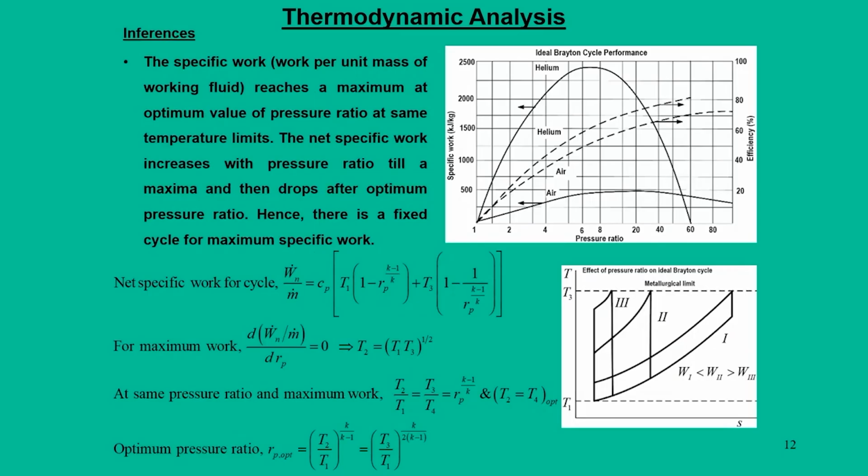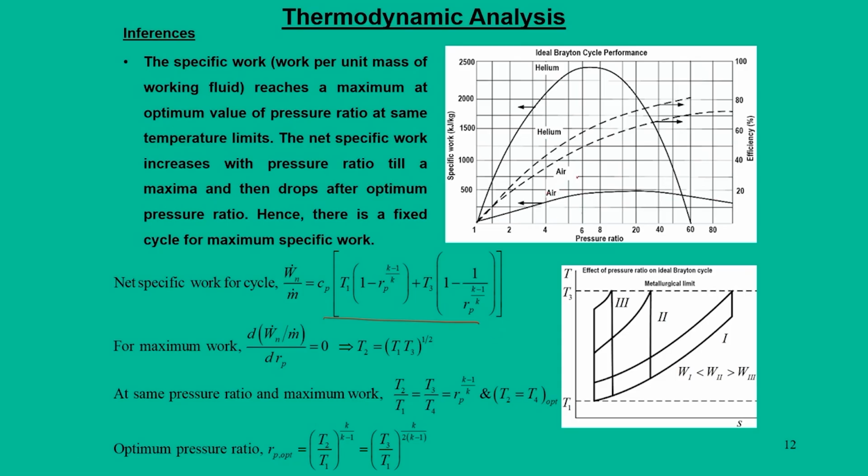The second inference is about the specific work. When you look at the specific work using these expressions, we find that it initially keeps on increasing, and at one particular point it starts dropping. That means, if you keep on increasing the pressure ratio, after some point the work output comes down. And this is true for helium as well as air.